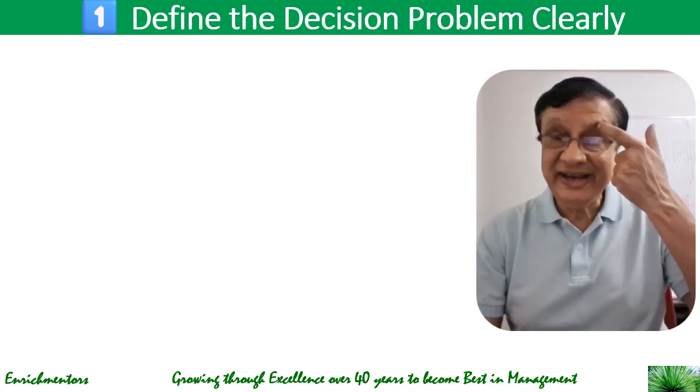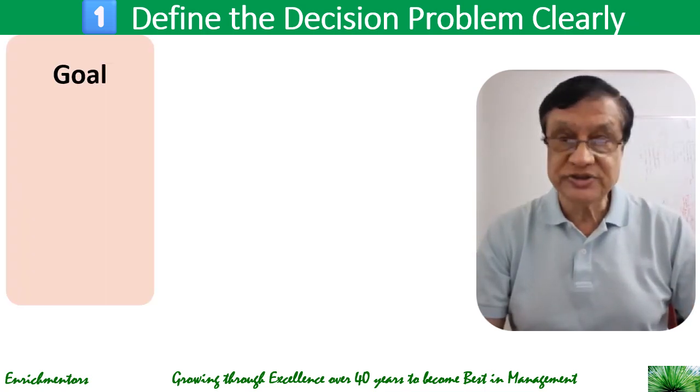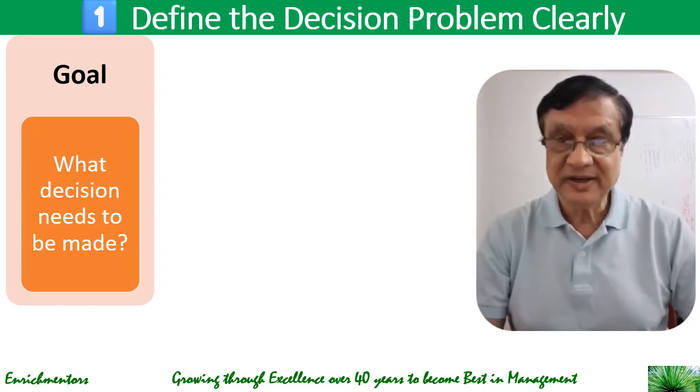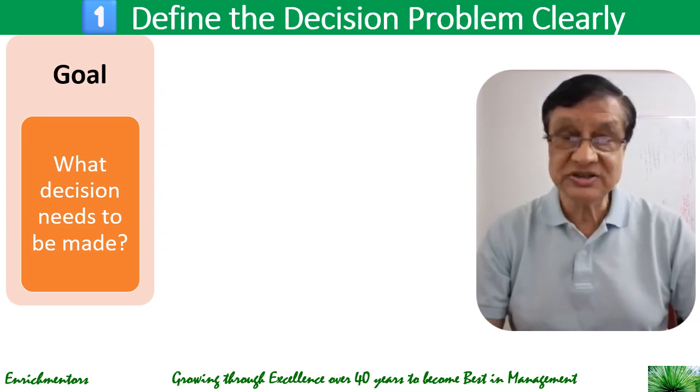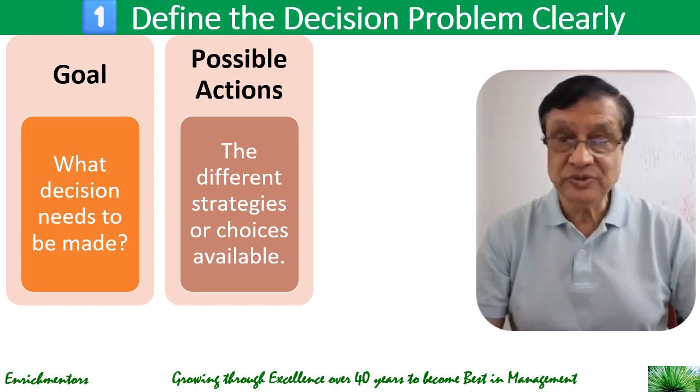Before using any AI or analytic tools, you need to clearly specify your goals, which answers what decision needs to be made. Is it a launch of a product, a change in pricing, hiring more staff? What are the possible actions? What are your alternatives, the different strategies or choices available to you to address that goal?